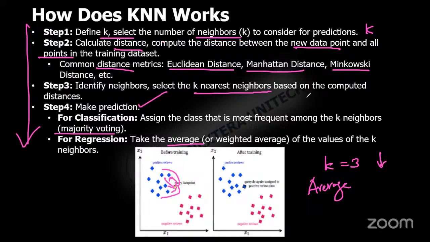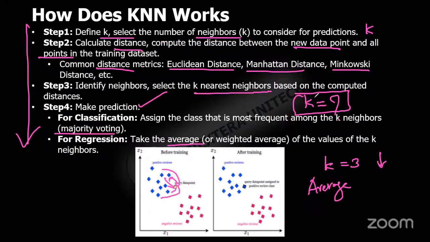The challenge is selecting the K value. Everything is fine, but what value should be given for K? Can you decide it? That is the question. So K becomes a hyperparameter here. In KNN, K becomes a hyperparameter.